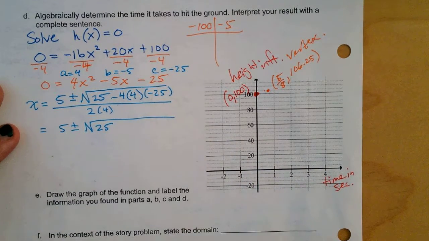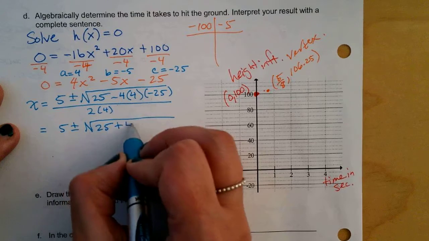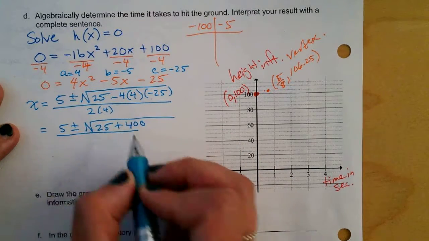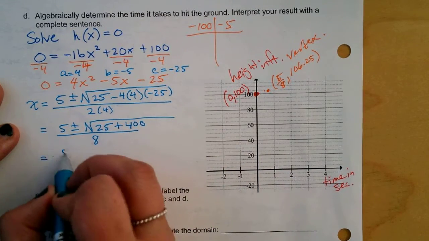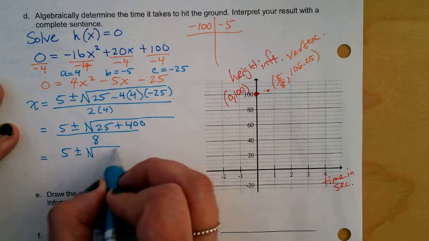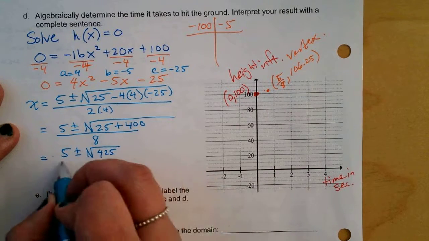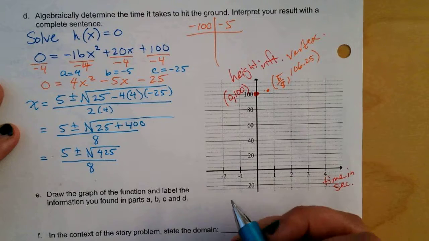Oh, no, that's 16. Sorry, 16 times 25. What is 16 times 25? 400. So plus 400 over 8 equals 5 plus or minus the square root of 425 over 8.